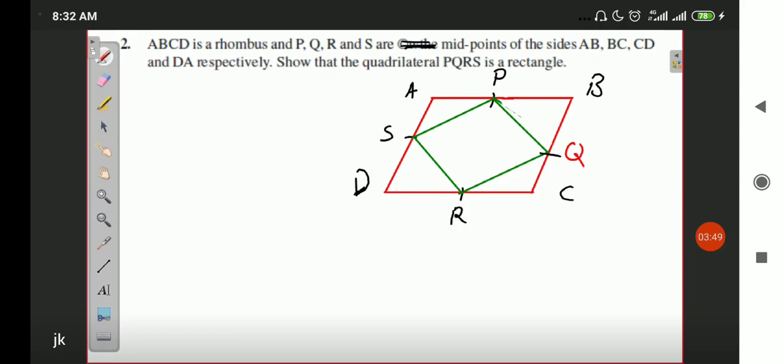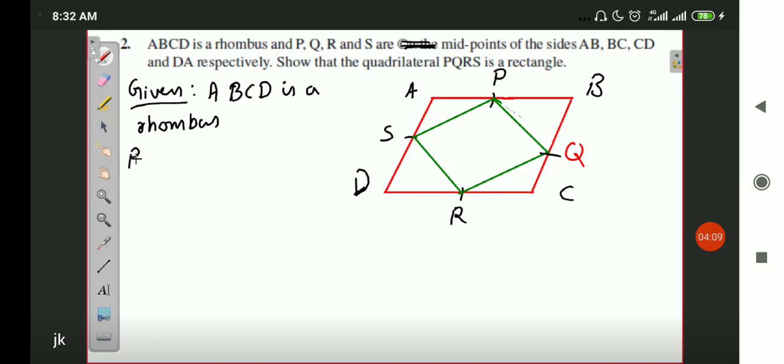Now, given is: ABCD is a rhombus. We are given that ABCD is a rhombus.